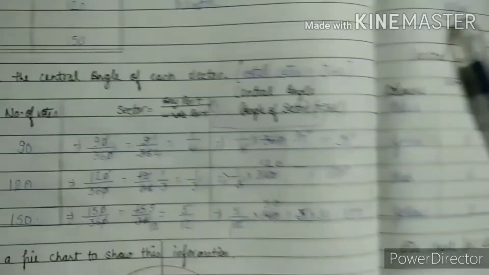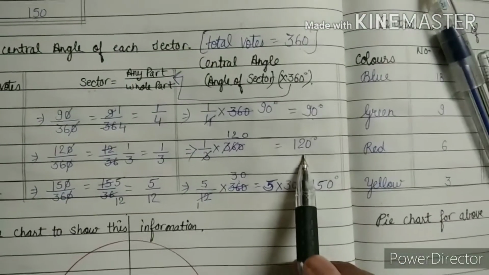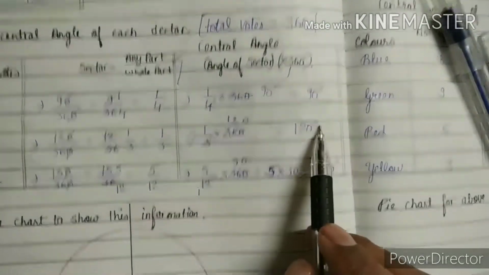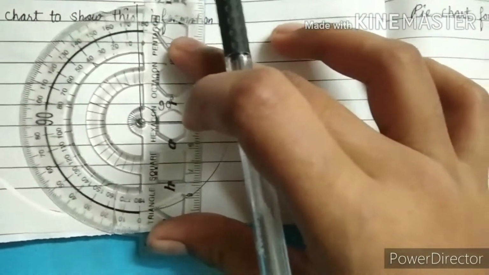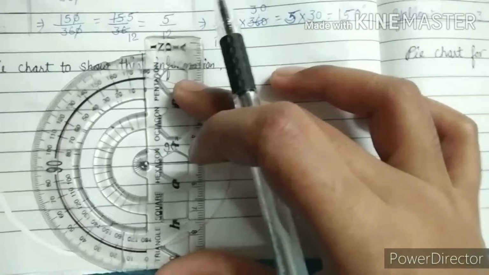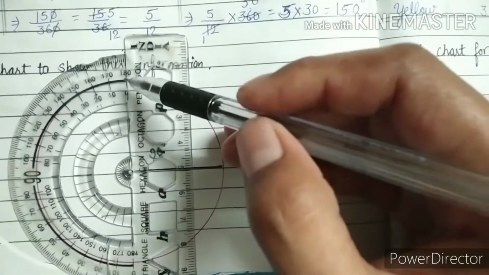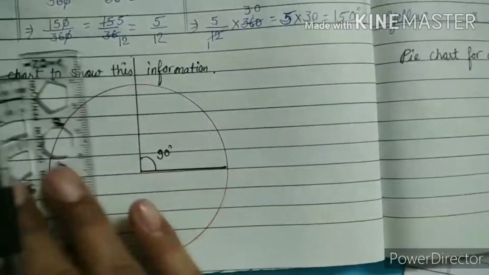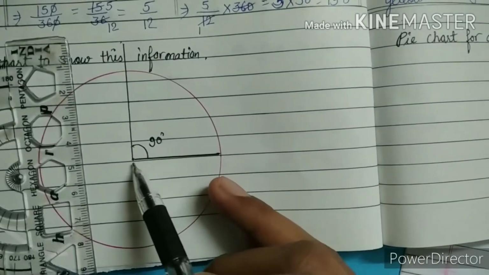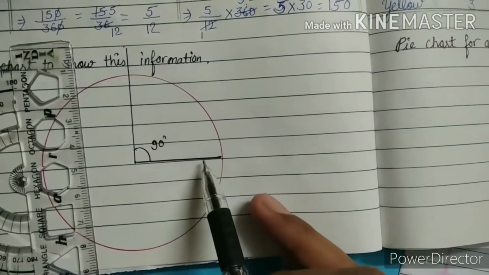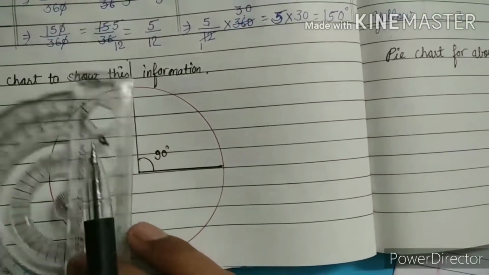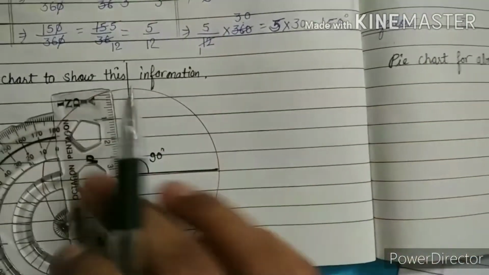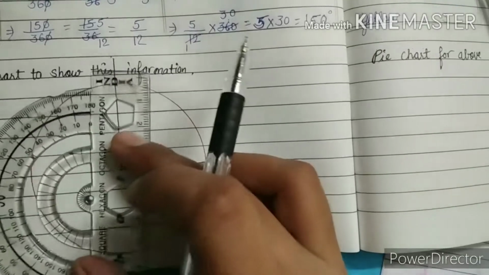Now rainy season has the central angle of 120 degree. Now same as previous, we will put the midpoint of protractor here and the 0 degree line on the base. Here we have base. In the previous we had taken base for this. Okay. Now we have base here. So we will measure 0 degree on this line. Okay. Baseline.